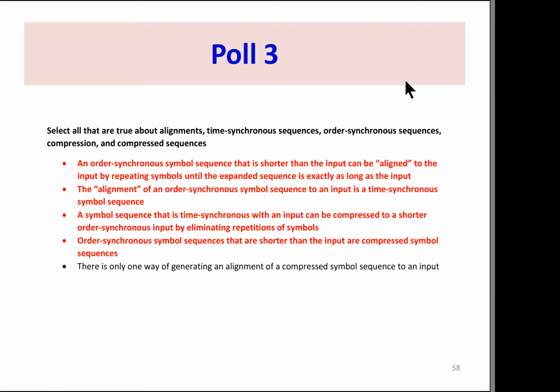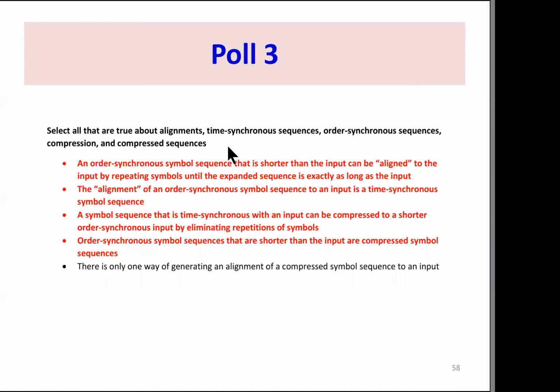Now, a time synchronous symbol sequence can be compressed to a shorter order synchronous sequence by eliminating repetitions. We also saw that, right? So order synchronous symbol sequences that are shorter than the input are obviously compressed symbol sequences.